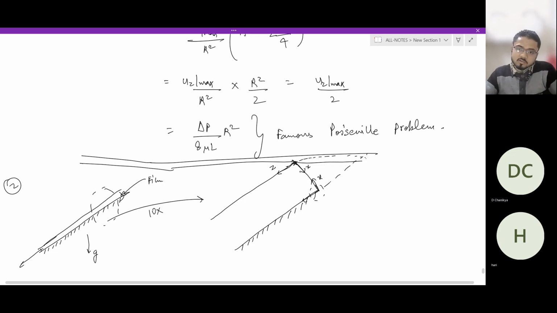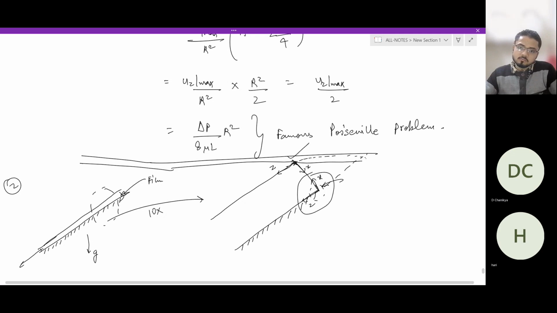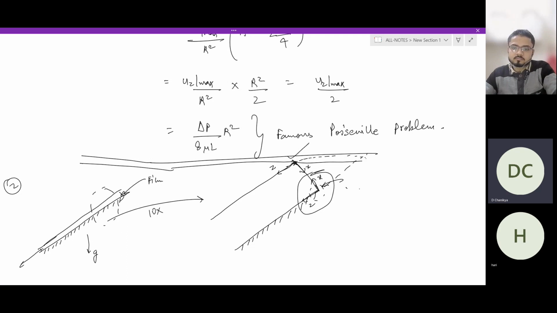But you can do it this way as well. There's no problem. But this one is easier, so we'll be using this for demonstrative purposes. You can go back and check out the problem by solving from this coordinate as well. So it won't matter much actually.